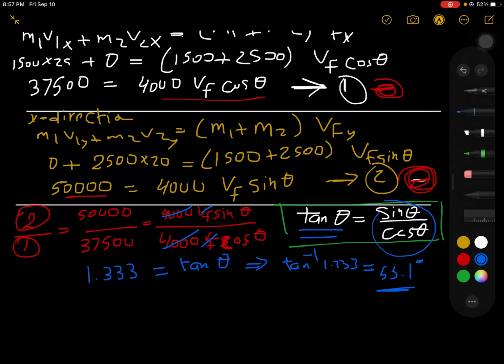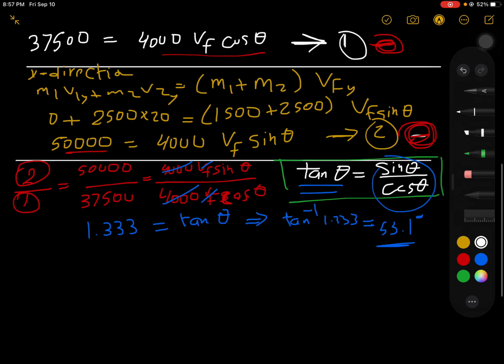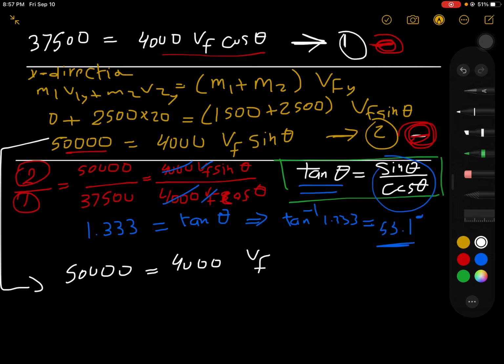Okay, by substituting in equation 2 or 1, we can get the final velocity. As you like, I will go with equation number 2. So 50,000 equals 4,000 times vf, we still need to know it, times sine 53.1.